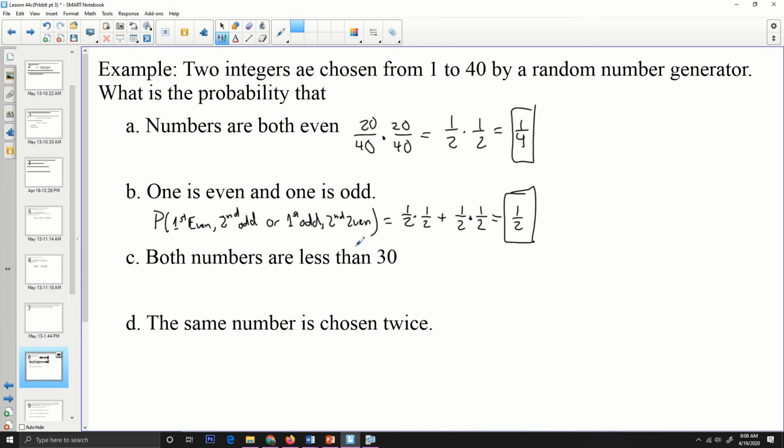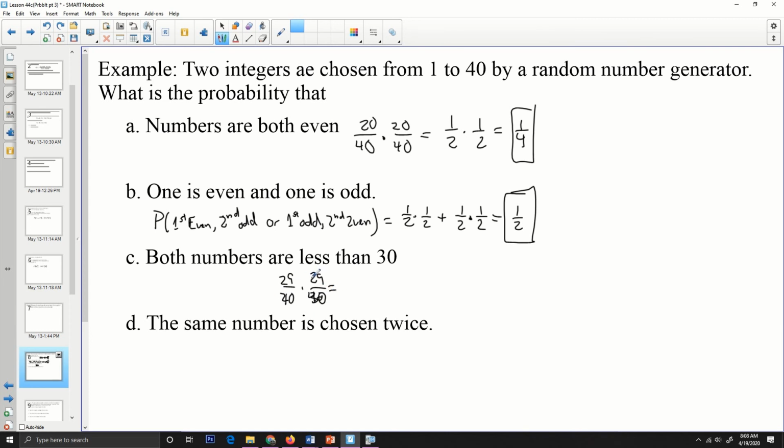This next one: both numbers are less than 30. Well, there are 29 numbers in this list that are less than 30, and for the other one there are 29 less than 30 as well.